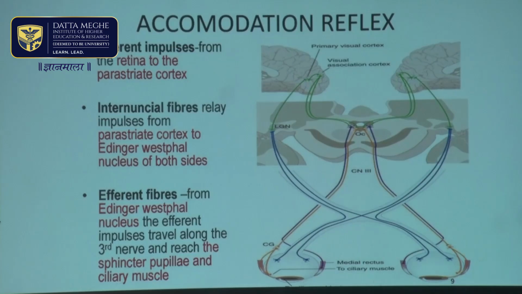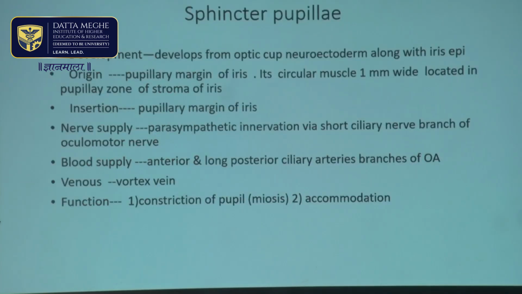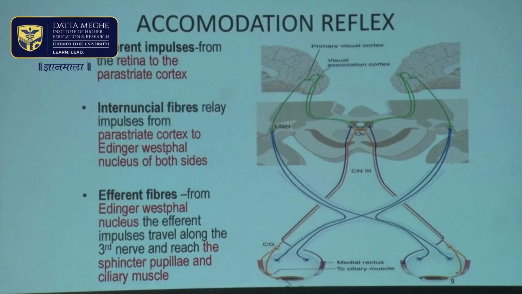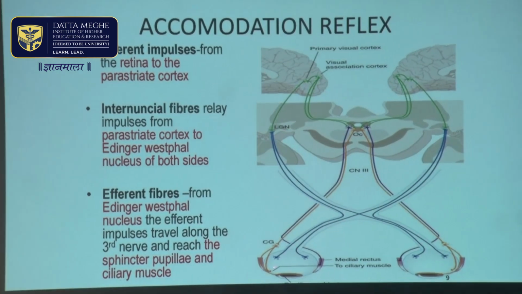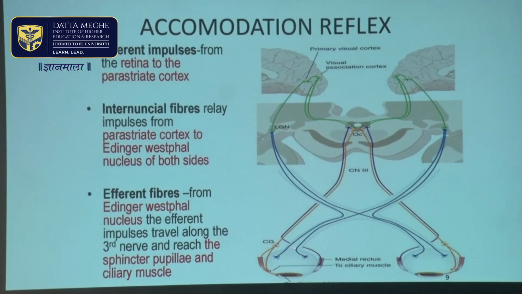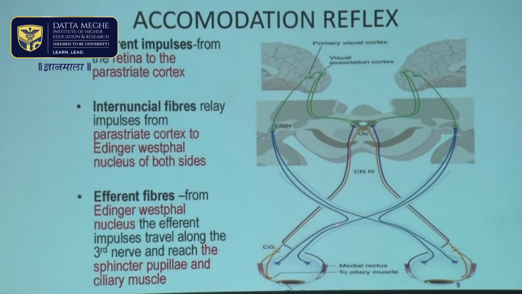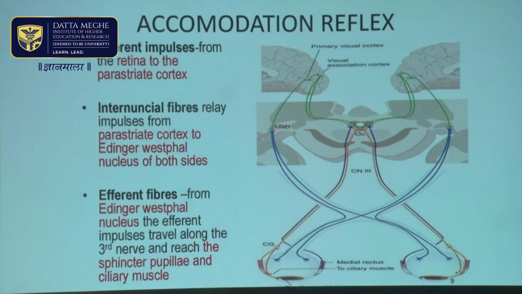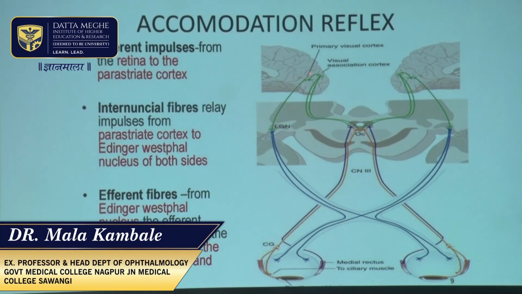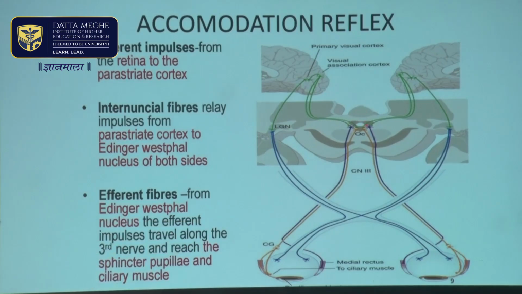Here is the same thing, but I will explain this here also. The impulses from the retina go via the optic nerve to the optic chiasma, then to the lateral geniculate body, then the lateral geniculate body goes to the visual cortex. From the visual cortex, the impulses go to the midbrain pretectal area and to the Edinger-Westphal nucleus. This is the oculomotor nerve.